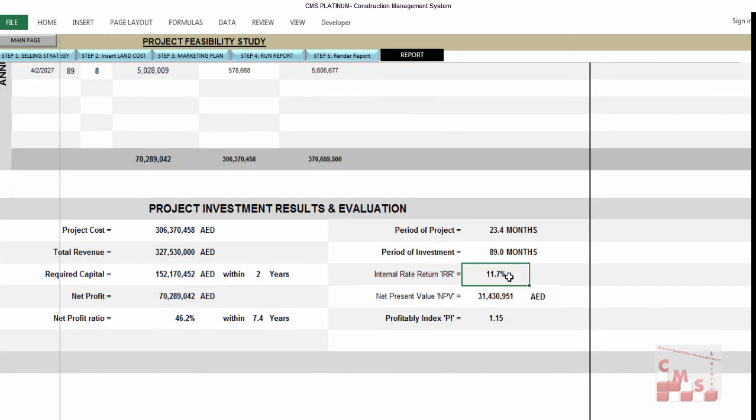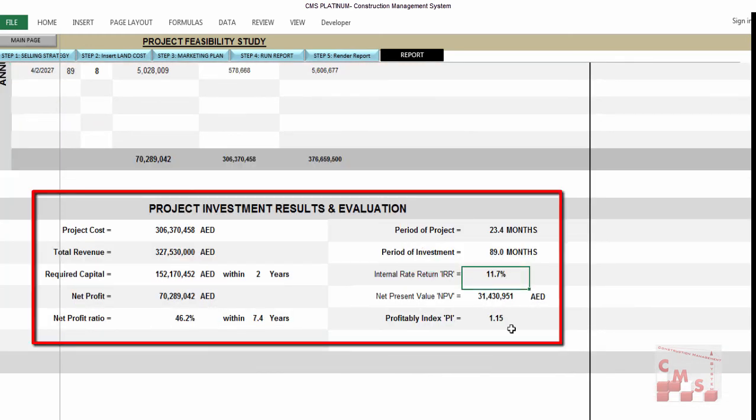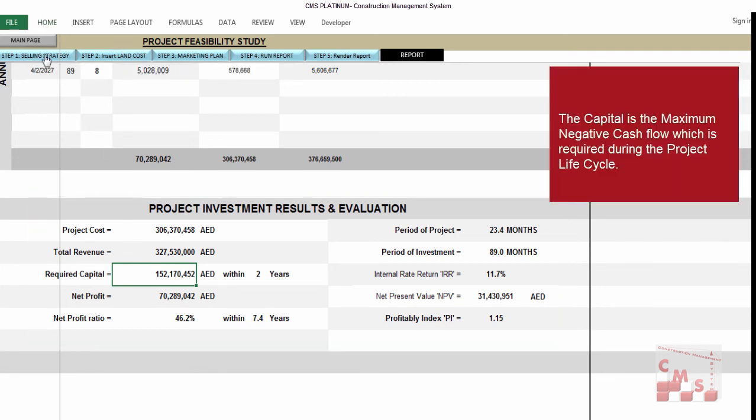The IRR changed to 11%, net present value changed to 31, and also profitability index increased, and the capital required to do your project is decreased. When you increase the advance payment which you take from your customers, of course your capital will be decreased. Let's make another trial.